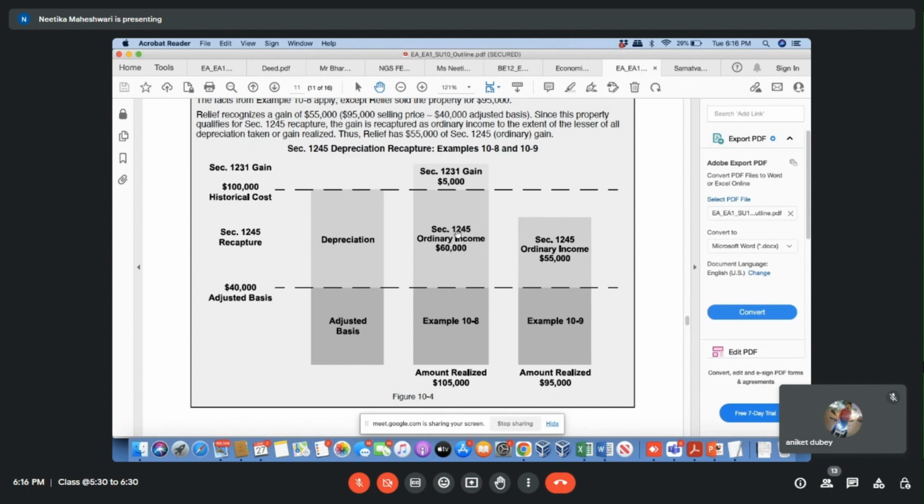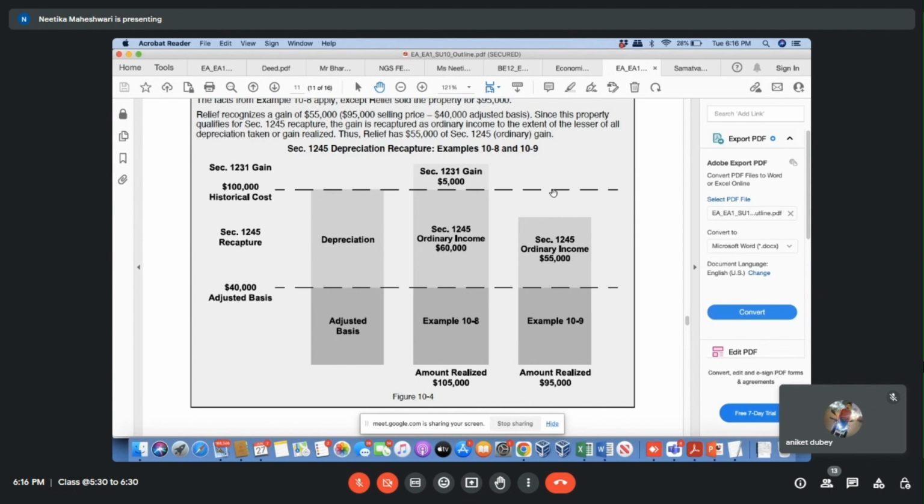So we could take the entire 60,000 as Section 1245 recapture, because 60,000 was the depreciation that was claimed. This is only for depreciation. On top of that, whatever is left, we'll say this is Section 1231 gain, which comes up at a special capital gain rate. But here there is nothing coming up. We are not even able to cover our Section 1245 or depreciation amount. So whatever is there, 55,000 is the total gain, and the entire amount will come up as ordinary income.